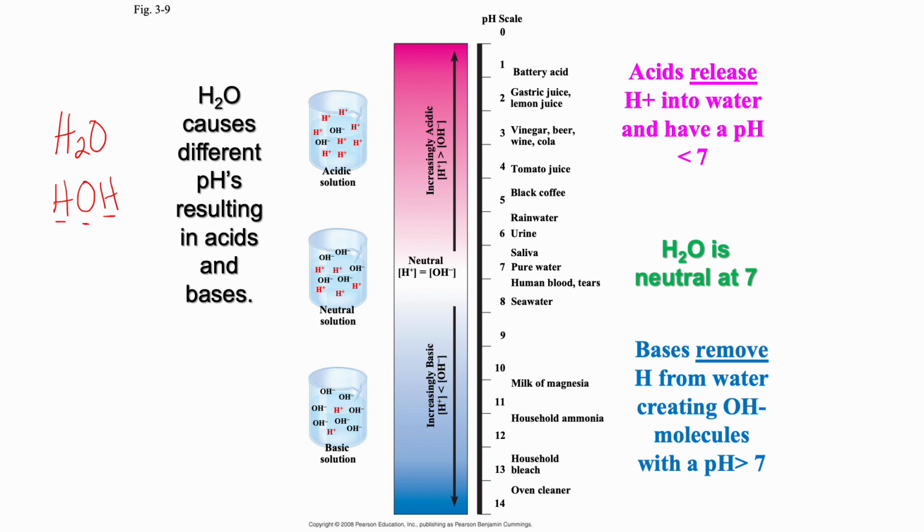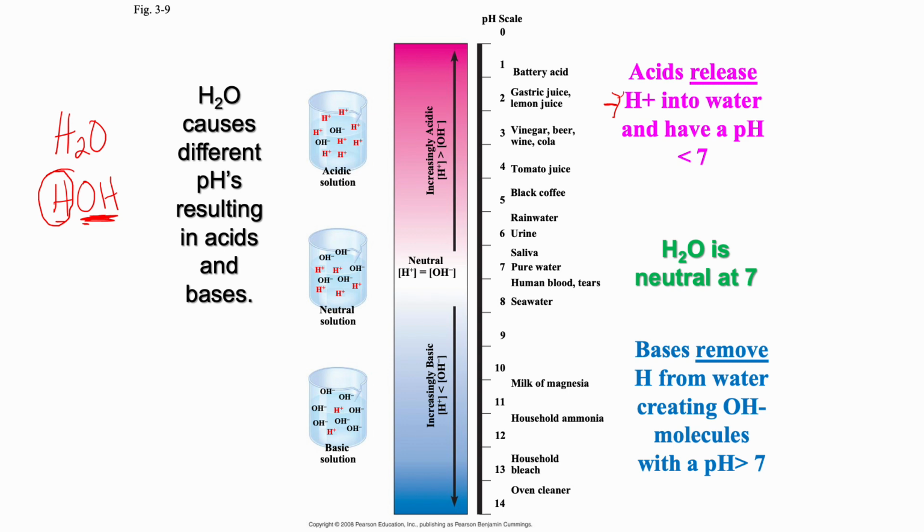The reason they'll do this when you're studying acids and bases is because the acids are going to release hydrogen ions into the water. So this hydrogen is basically going to be put into the water, and then the hydroxide, which is this OH, is going to go into the bases.